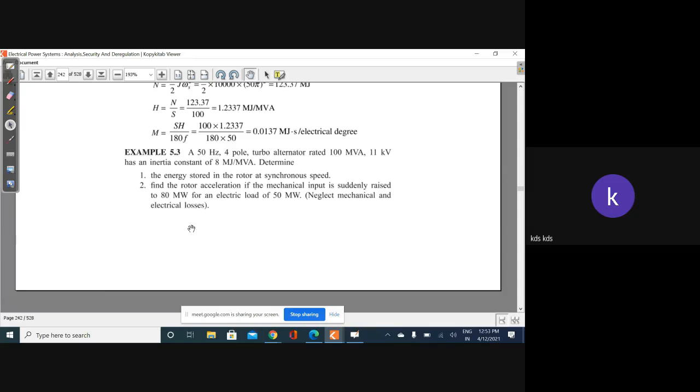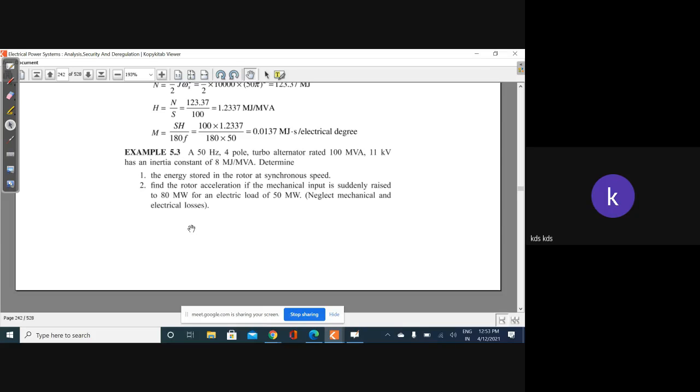Inertia constant is given by the symbol H. So H here is 8 megajoule per MVA. GH by pi F, H, that H is inertia constant. So number one, we have to determine the energy stored in the rotor.